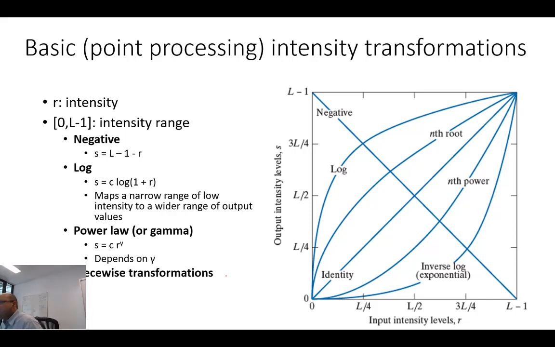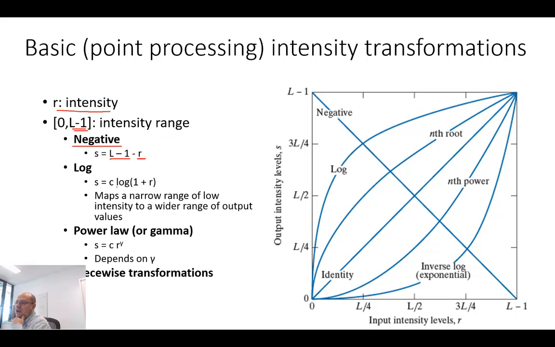Other basic point processing methods are basic intensity transformations. We can apply the negative: we take the value for the intensity of the original image and subtract it from the highest value in the intensity range.